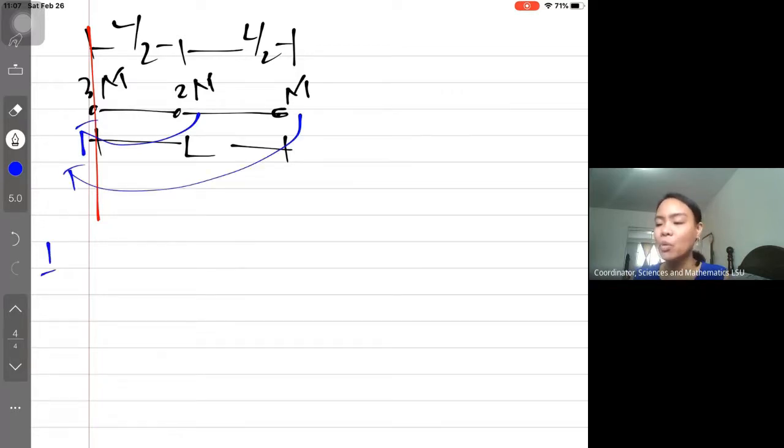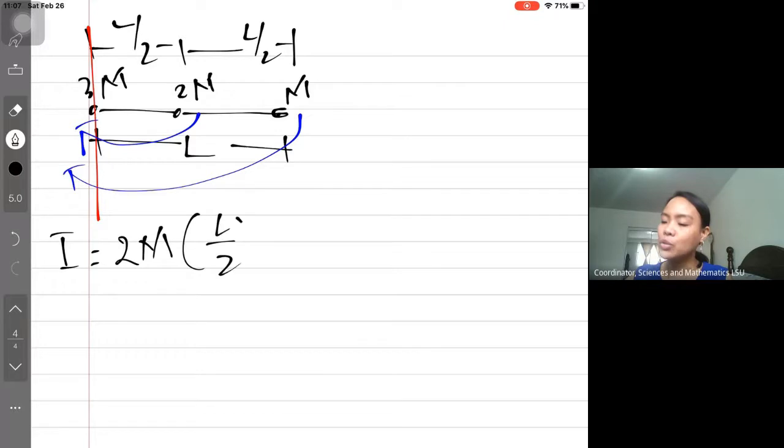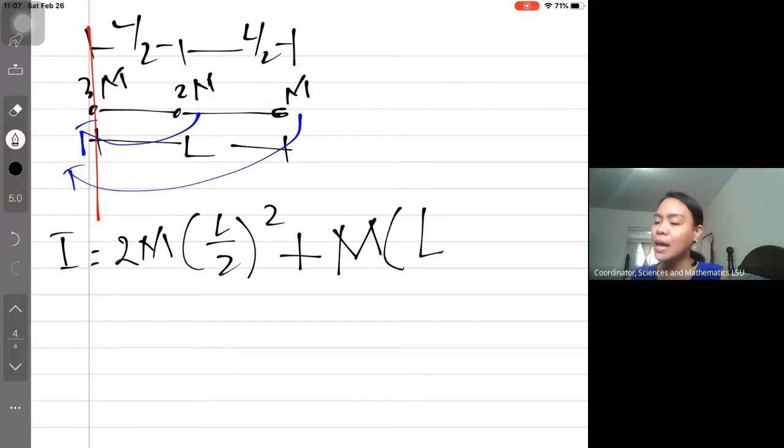So getting the moment of inertia, first we have our 2m: 2m times L over 2 squared, plus our m, m times L squared.